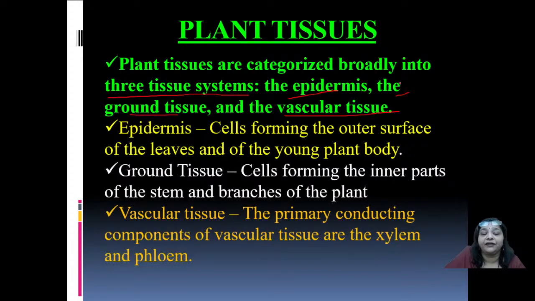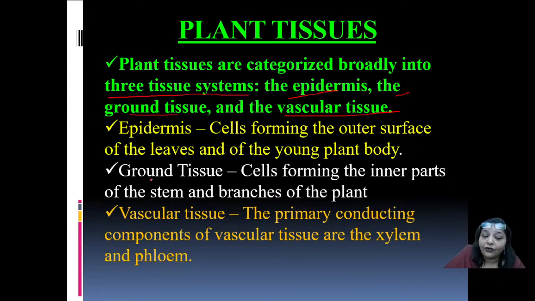Okay, so these three form the basic tissue systems of a plant. Let us see what the epidermis is. The cells which form the outer surface of the leaves and the young plant body are called the epidermis.